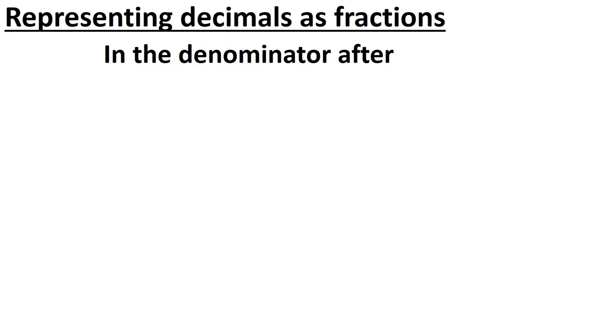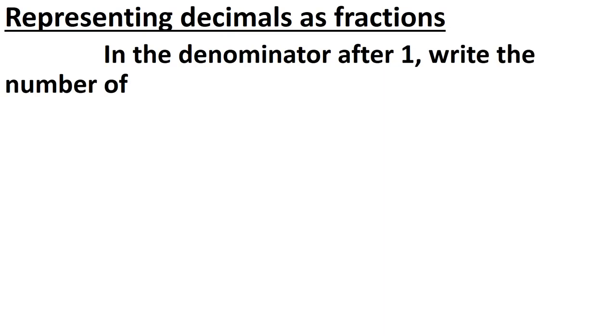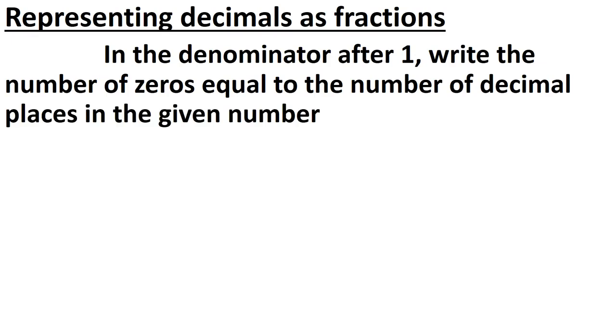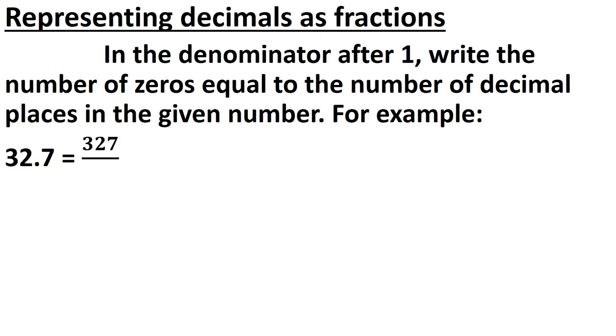Representing decimal as fraction. Now it's a totally opposite one. Now a decimal number is given to us and we have to convert it into a fraction. In the denominator, after 1, write the number of zeros equal to the number of decimal places in the given number. For example, 32 decimal 7.